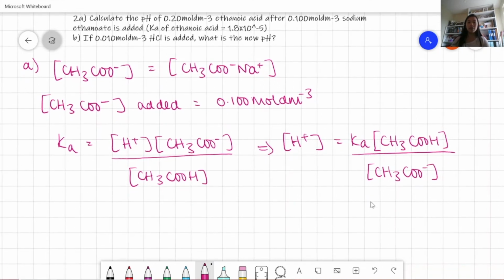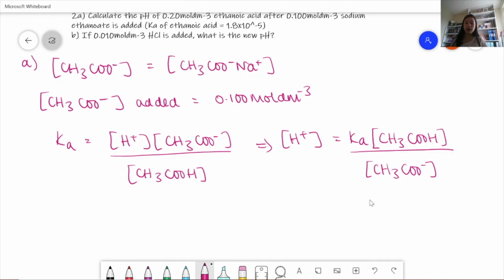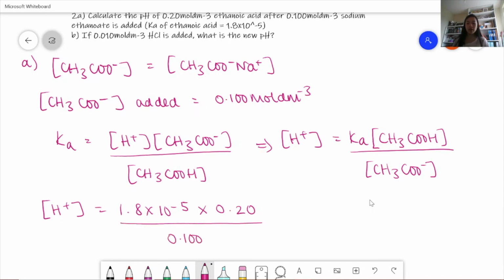And so now we just put the numbers in. So we have the concentration of H+ is equal to 1.8 times 10 to the minus 5 multiplied by the 0.20, and this is over 0.100, and this gives us 3.6 times 10 to the minus 5 moles per decimeters cubed.